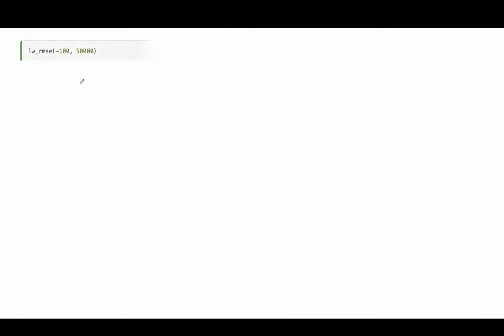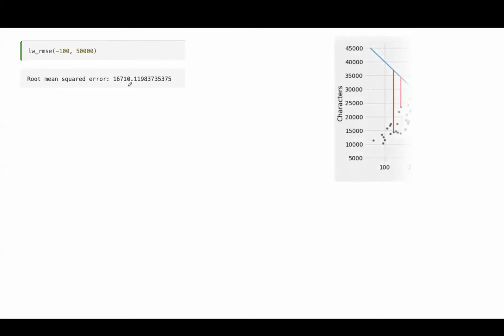So now what if I pass in a negative slope with 50,000 as the y-intercept? In that case, the root mean squared error is 16,710. Wow, it increased to a very large number. So now if you use a line with negative slope, as you can visualize, these are your residuals.